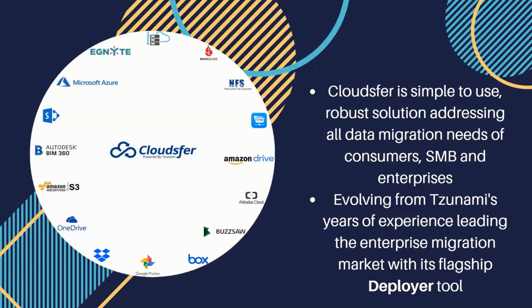So as I mentioned, it's a very simple to use, robust solution addressing all data migration needs for either personal customers that need even to back up their Google Photos or do migration from their personal Dropbox accounts, for example, small, medium businesses and enterprises. We're talking about a large scale of terabytes of data per migration project as a minimum. And Cloudsfer, as I mentioned, launched in 2014. It evolved from years of experience of being a leading migration solution to SharePoint and using our Deployer tool.